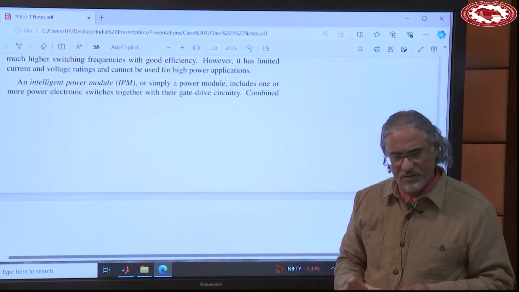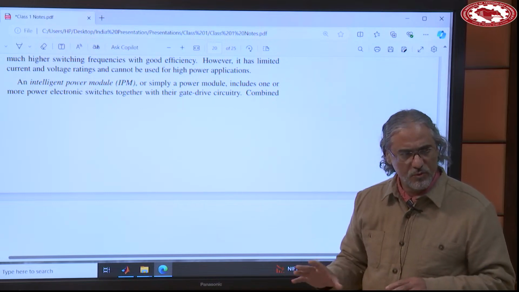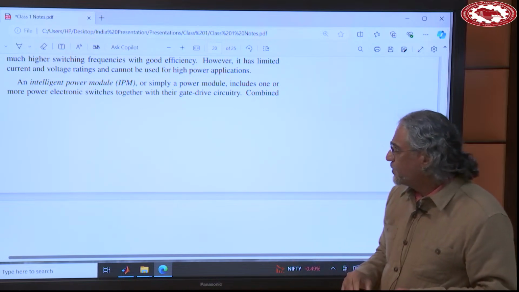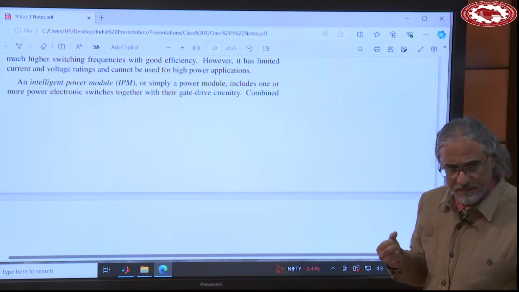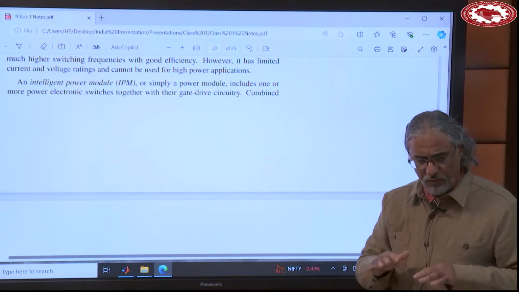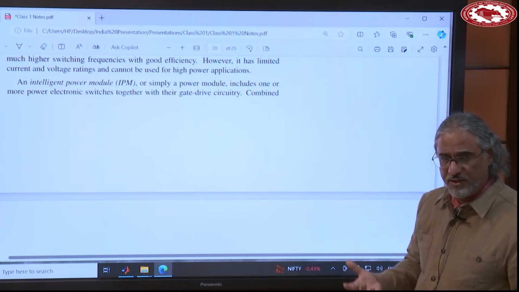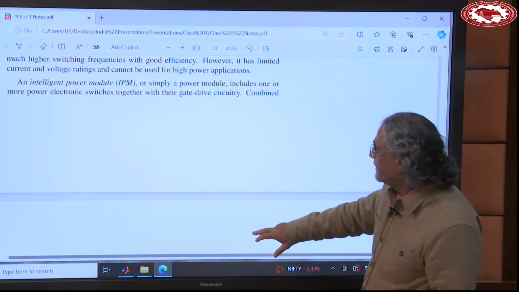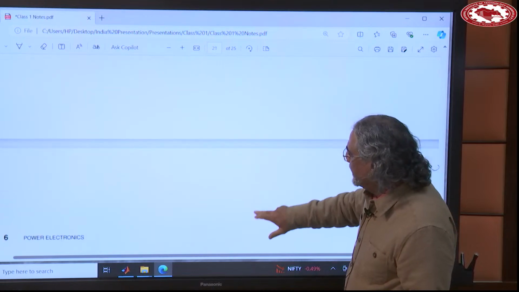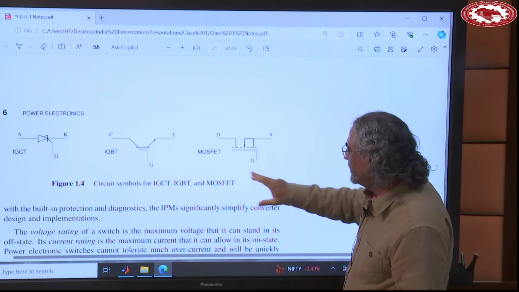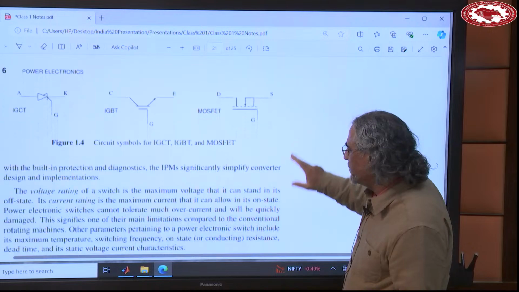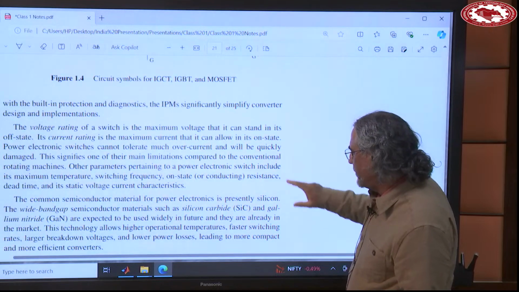Most of the converters have multiple switches, 2, 4, 6. So why not buy all of them together, with all the circuitry and protection around them? So it's called a power module or intelligent power module. These are the circuit diagrams for these switches that I mentioned, with the power rating.